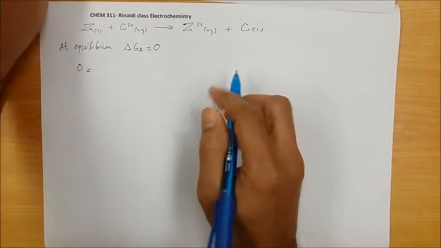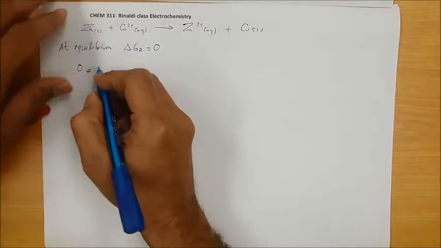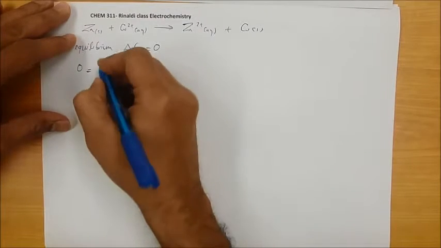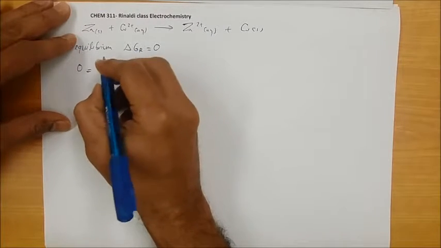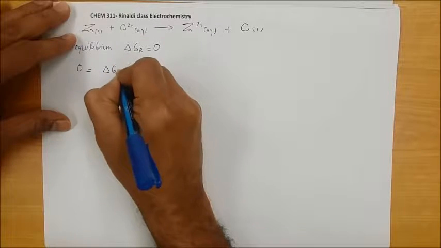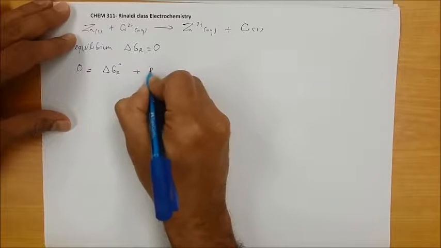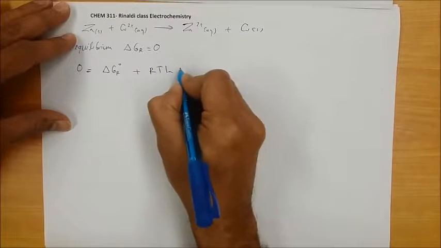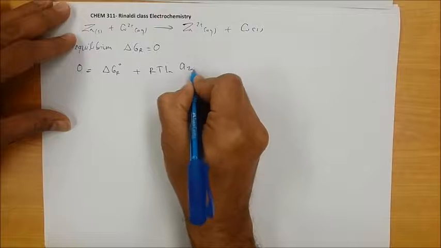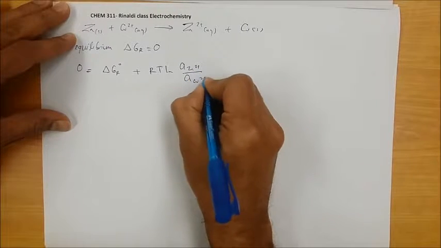Okay, just write that down again. So 0 is equal to ΔGr naught, plus RT ln of the activity of zinc 2+ and copper 2+.